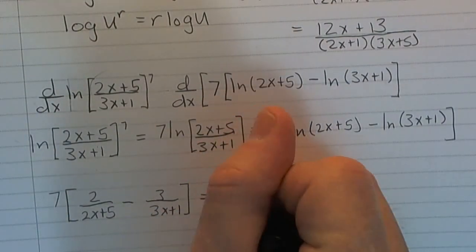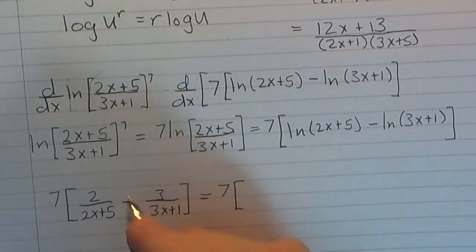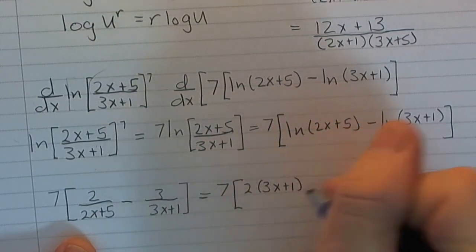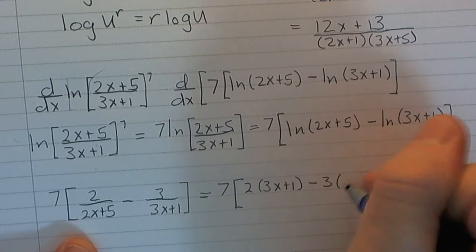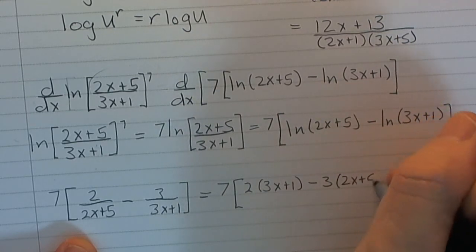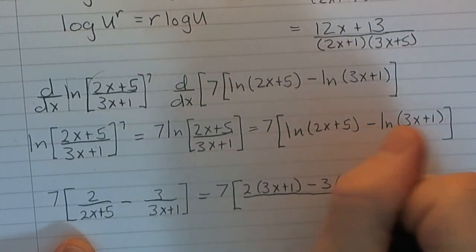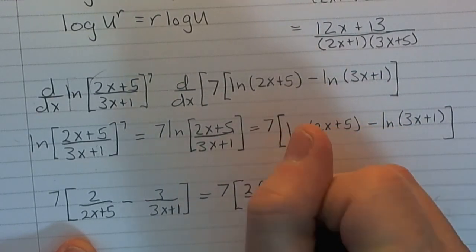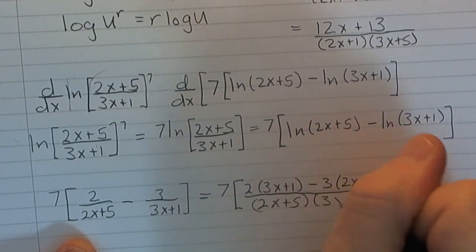I've got 7 times [2 times (3x plus 1) minus 3 times (2x plus 5)] over (2x plus 5)(3x plus 1).